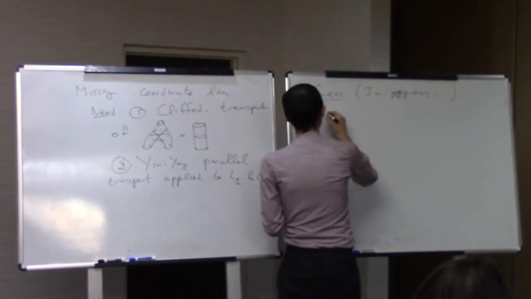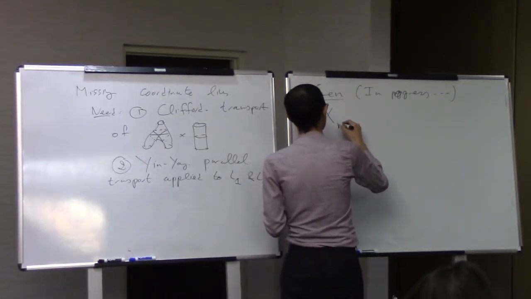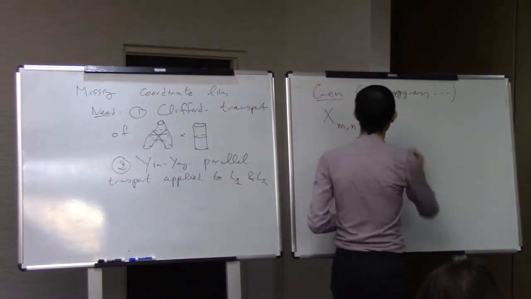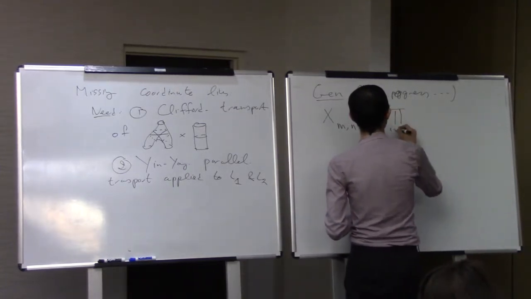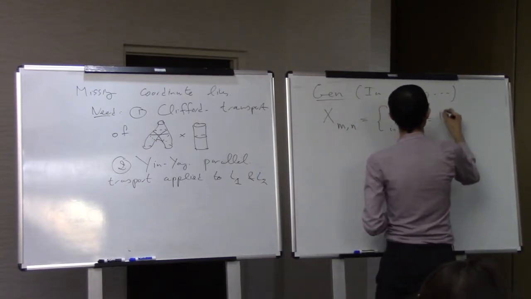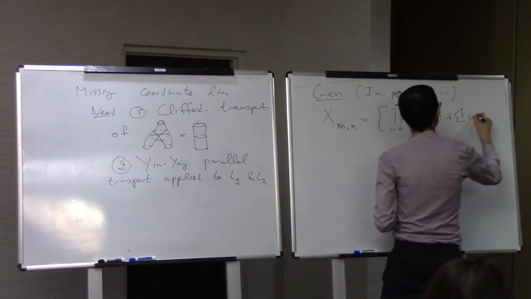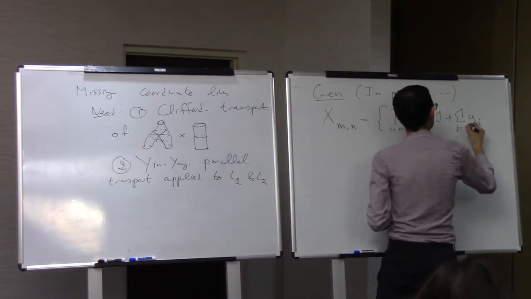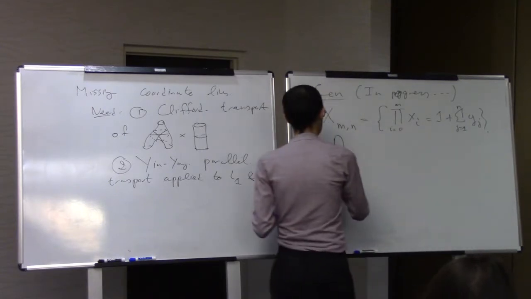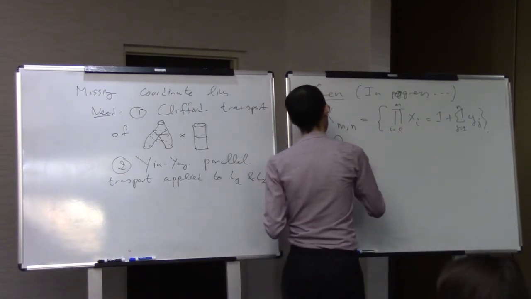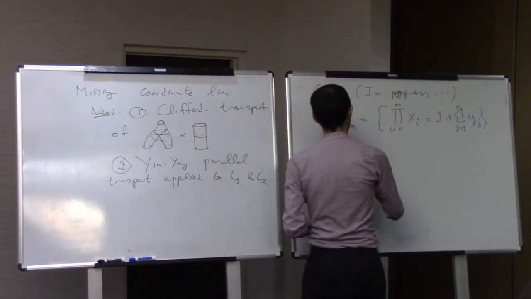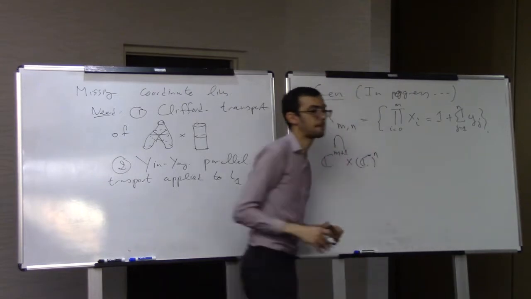So what I want to do is introduce a symplectic manifold. Let's call it X_{M,N}, which is the set of points satisfying the equation that the product from i equals 0 to M of some coordinates x_i equals 1 plus the sum of some coordinates y_j, where j goes from 1 to N. This is supposed to live inside C^{M+1} cross (C*)^N.